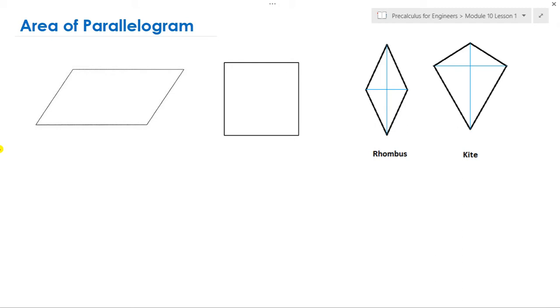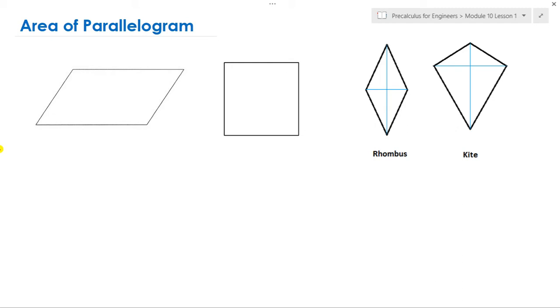What do you think, class? Is a rhombus a square? Okay. So, that is your assignment.